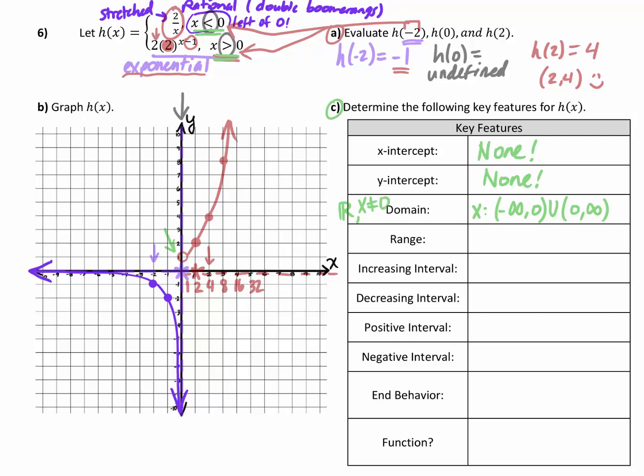So the range, this is going to be a little trickier. The y values go down forever, so that's not really a problem I'm worrying about. But at 0, we have kind of this limitation due to the horizontal asymptote. And then there's a gap. So in between 0 and 1, nothing ever happens. We also need to be careful because 1, the height of 1, isn't a solid point.